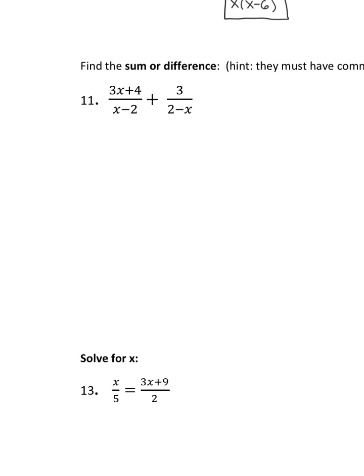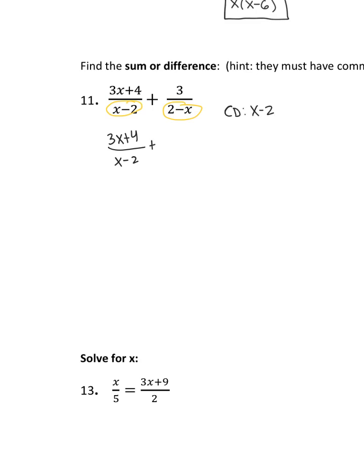x minus 2 and 2 minus x are not the same. You have a positive x and a negative x, a negative 2 and a positive 2. So I'm going to leave the first fraction alone. And on the second fraction, my common denominator, I want to make it x minus 2.